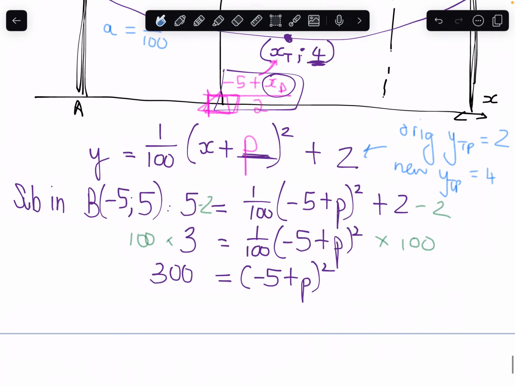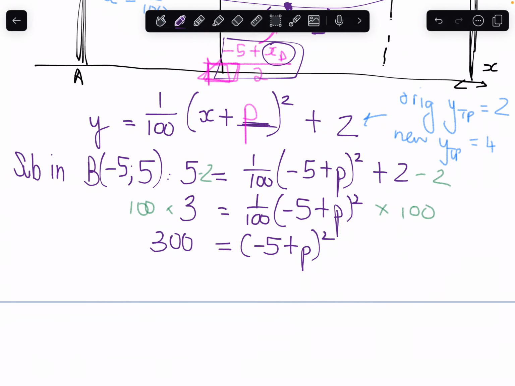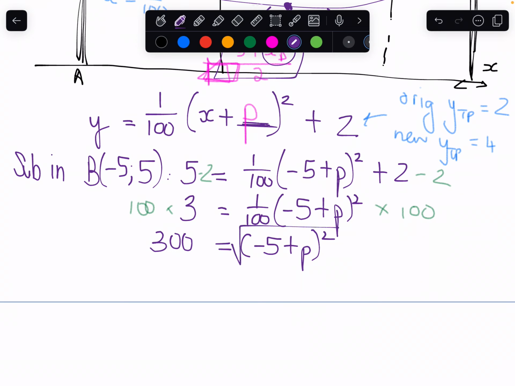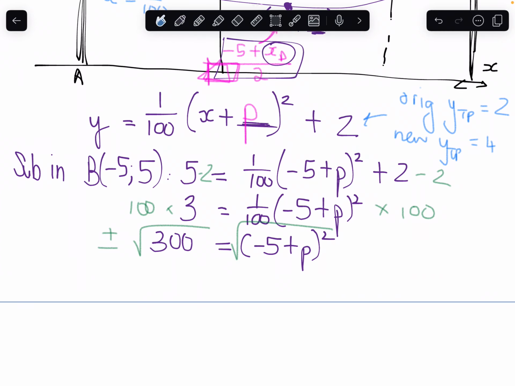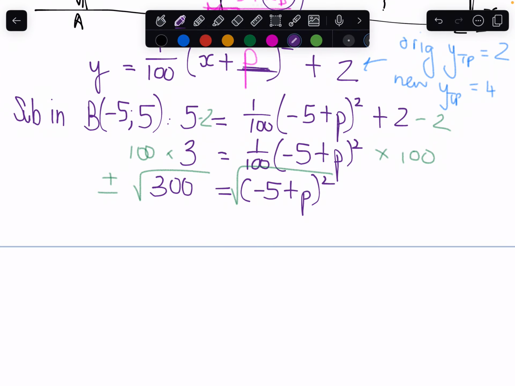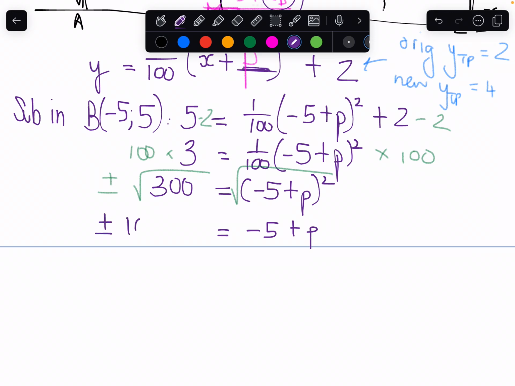Okay. Then we're going to take the square root, and we must consider positive and negative, and then use the context to decide which of them is relevant. So we've got -5 + P is equal to plus or minus 10 root 3.